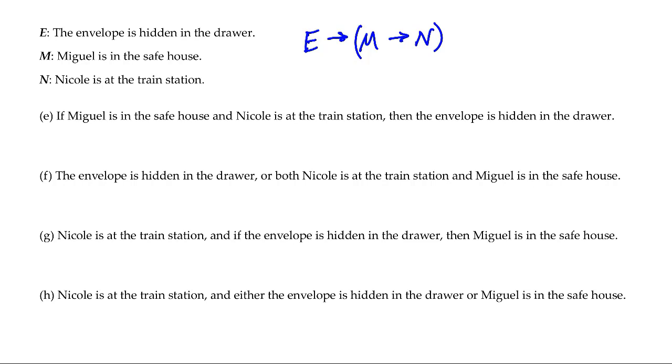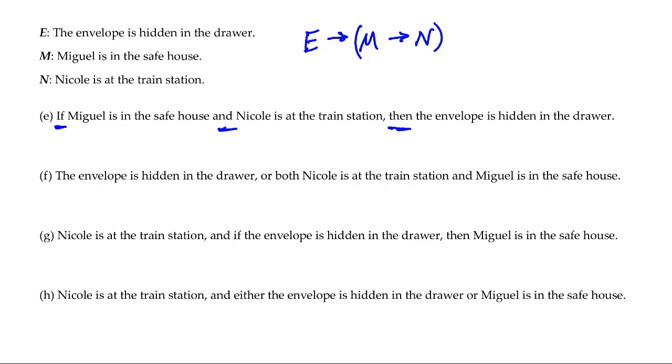All right, so we have four sentences here. If you want to try them yourself, first you can. What do we have here? First, if Miguel is in the safe house and Nicole is at the train station, then the envelope is hidden in the drawer. Okay, so we want to find our connectives. So we've got if, then, and an and.